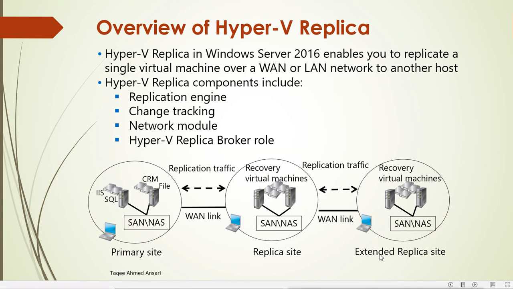We can extend the replica. That means we can create the replica of the replica also. So if we lost the main site and also lost the replica, then we have the extended replica for that. So we can run the virtual machine from the extended replica site. So we can create the replica, and then we can create a replica of the replica also.